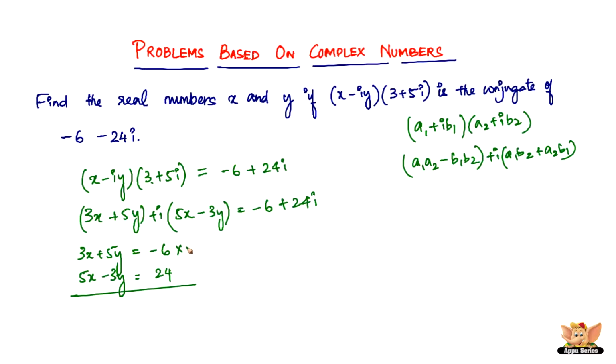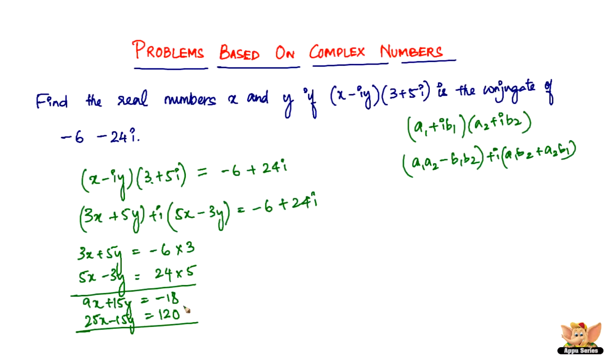So multiply the first equation by 3, and multiply the second by 5. So it's minus 18. 3 times plus 5y is plus 15y. 3 times 3x is 9x. 5 times 24 is 120. 5 times minus 3y is minus 15y, and 5 times 5x is 25x.